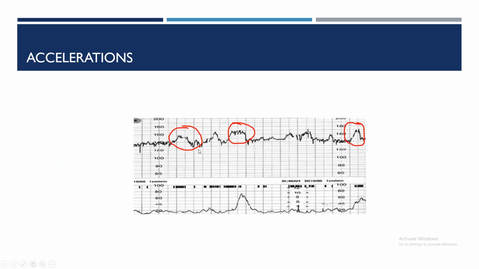So here you can see the acceleration. These are 1, 2, and 3. These 3 are the accelerations. You can see here baseline heart rate is around 140 beats per minute, and acceleration is going up to 160 and lasting for almost 1 to 2 minutes, correct? So these are the accelerations.